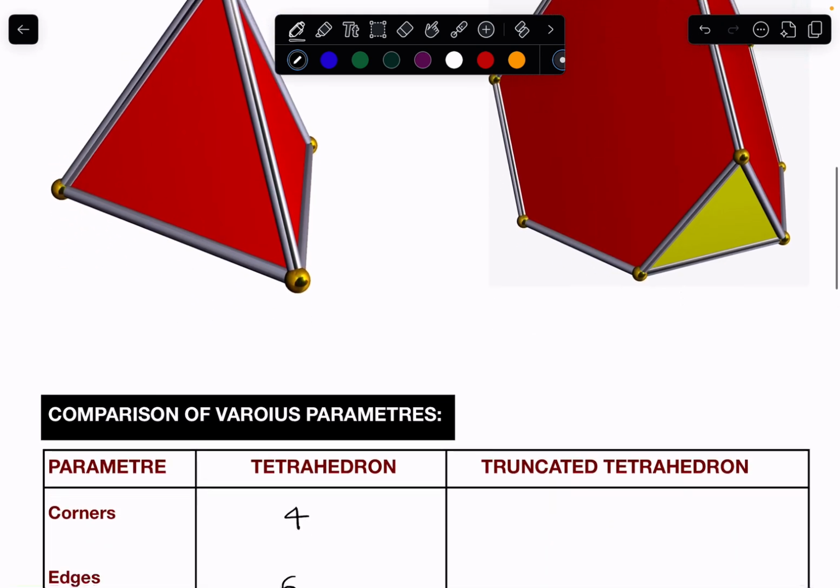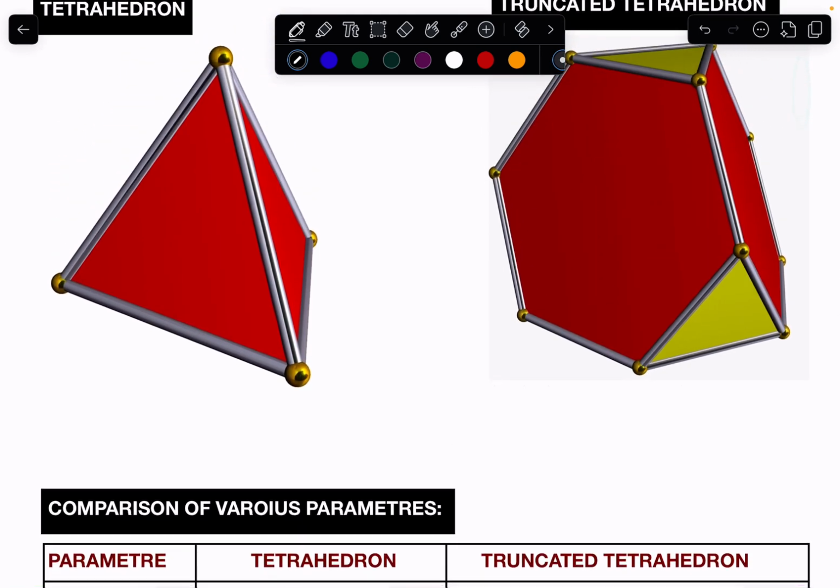And if you see the faces, it has four triangular faces. So here, this is the first triangular face, and this is the second triangular face, and at the base one triangular face, and the back side of this one triangular face.